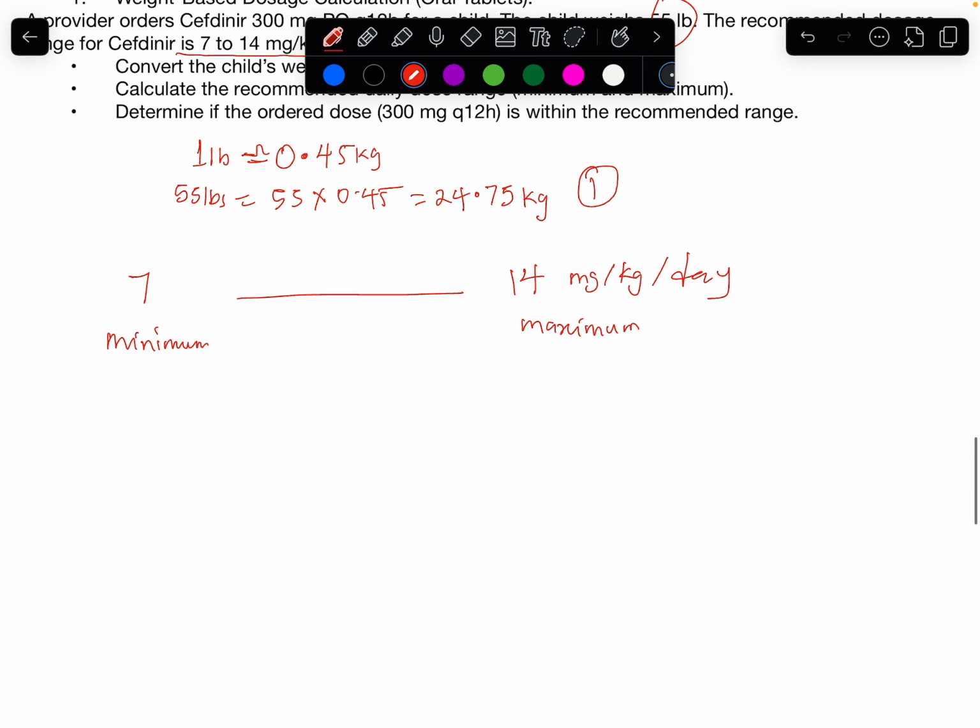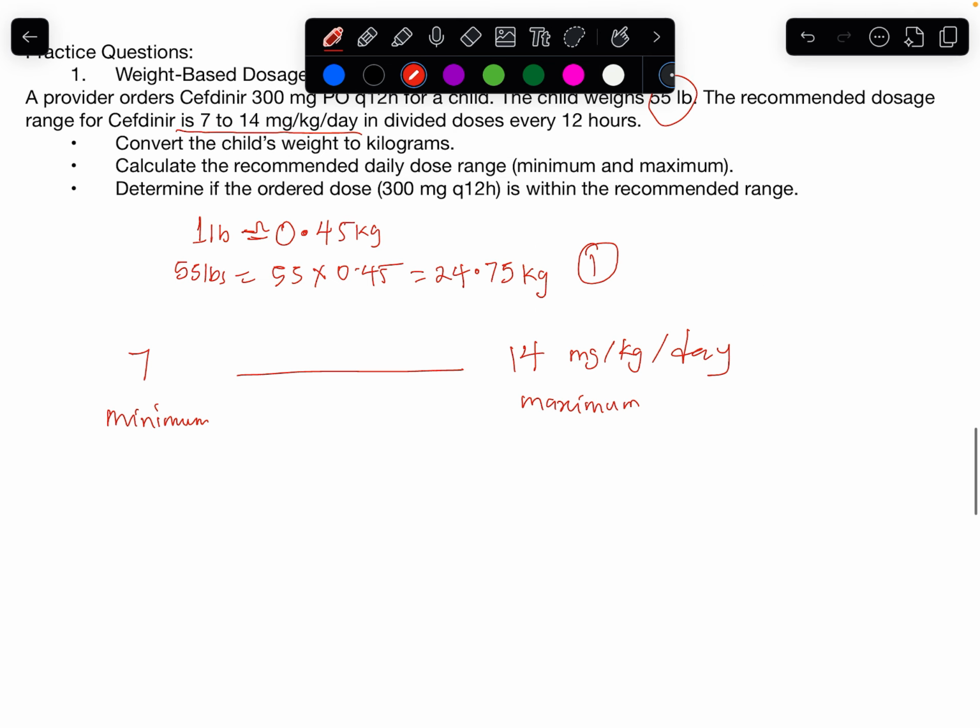We want to cancel the kilogram and get our answer in milligram per day, because that's the unit of the dosage range.